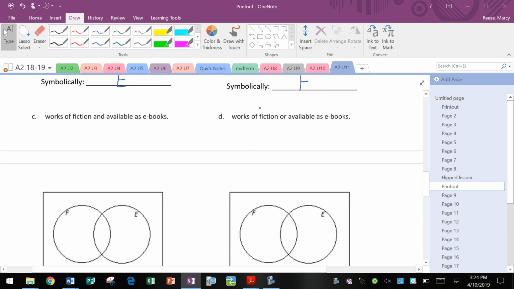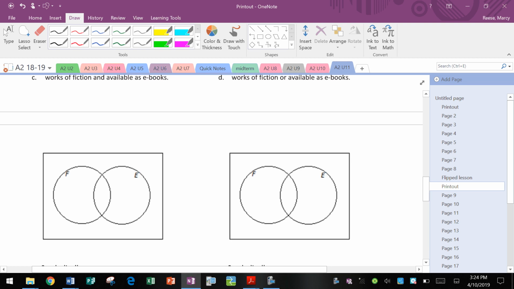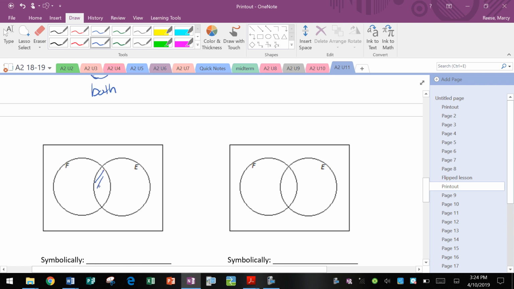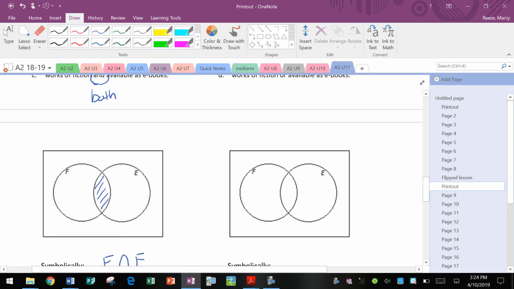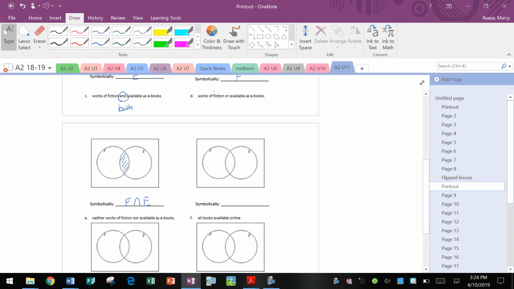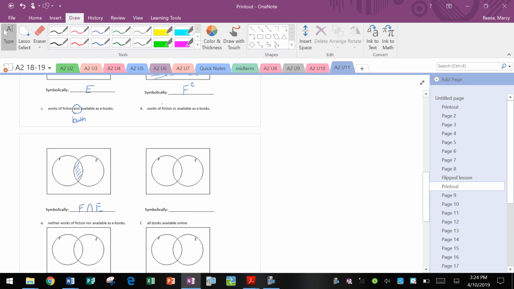Works of fiction and available as ebooks. Okay, now because we have the word and, that means it has to be both. That's the part that overlaps. And that is your intersection. And in this case, I know I've said and is multiply, but we're not talking about multiplying two things here. We're talking about fiction and available as an ebook.